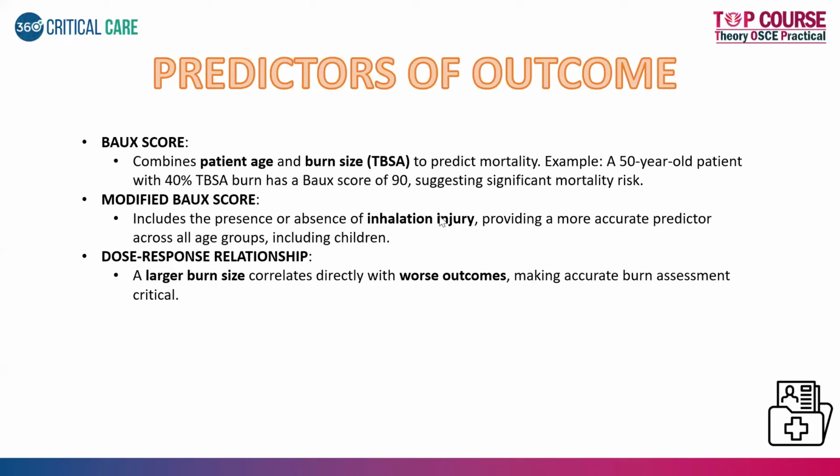Usually, that is a higher mortality risk. A Baux score of less than 40 is considered to be safer. The modified Baux score involves the presence or absence of an inhalational injury. It provides a more accurate prediction tool for children, and it also doesn't involve age group delineation as seen in the earlier score.